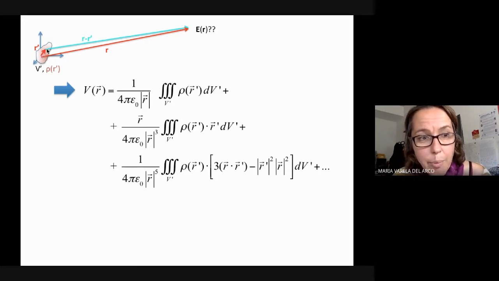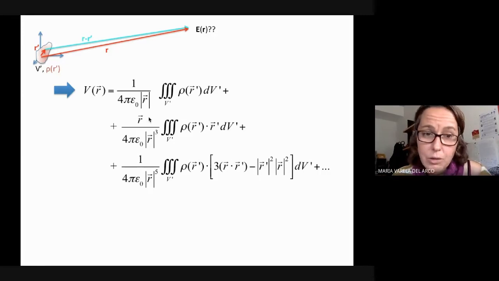In other words, r prime moves all the way to sweep every possible point within my sources, but r stays constant in this process. So I am not integrating over r, I'm integrating over r prime. In other words, r can go out of the integral.